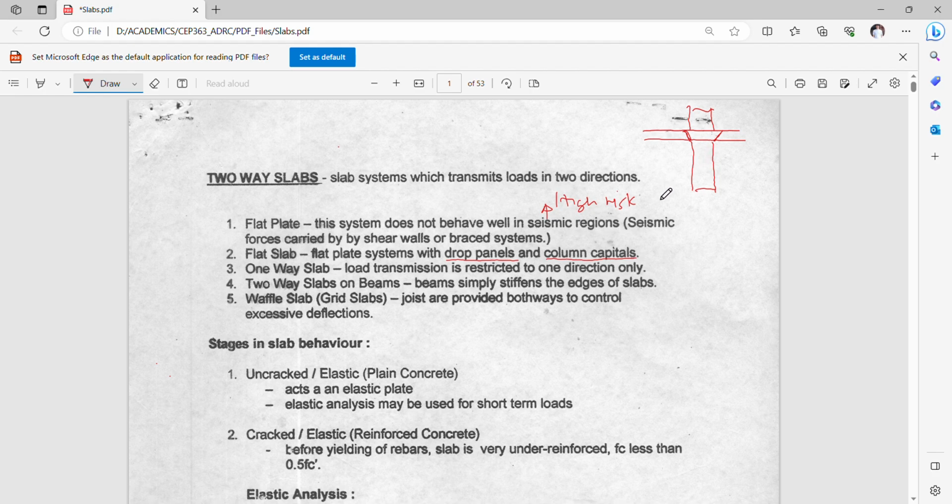So what this flat slab does is that we add some column capitals and drop panels.